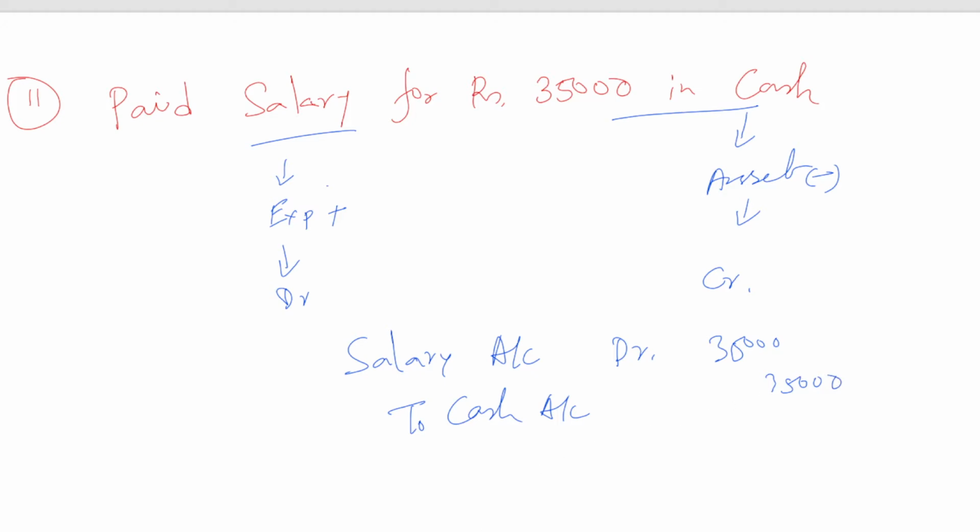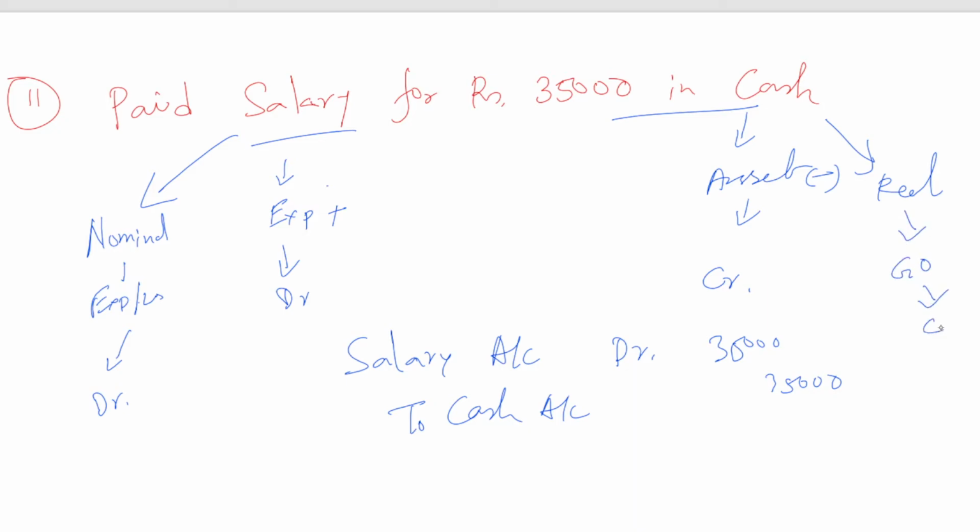If we go through the traditional approach also, salary is a nominal account. Expenses and losses are debit. And cash is a real account. Real means cash goes out, goes out means credit.